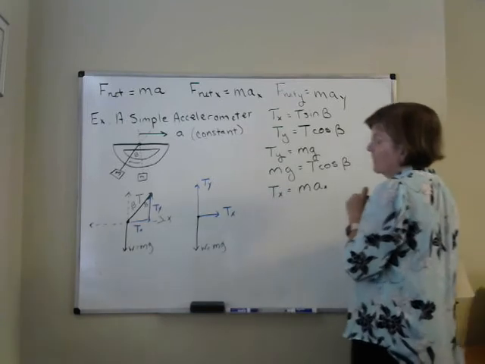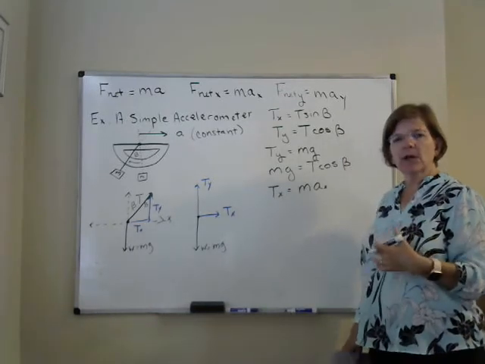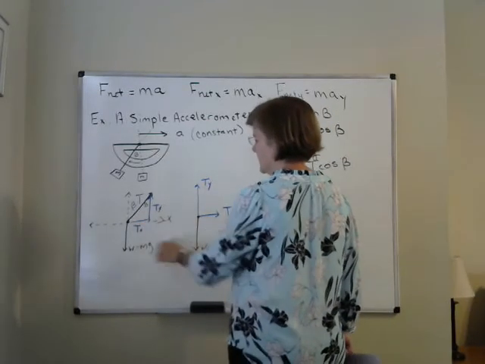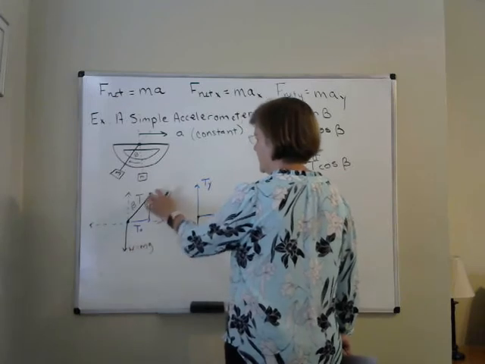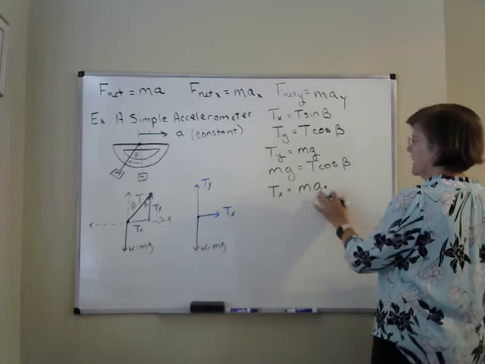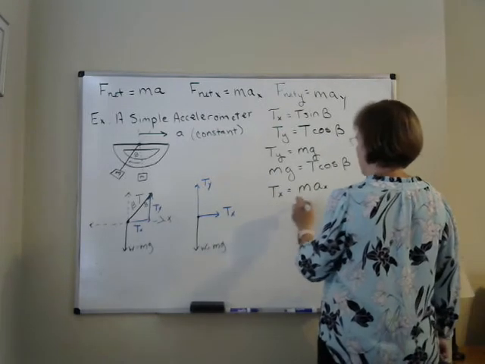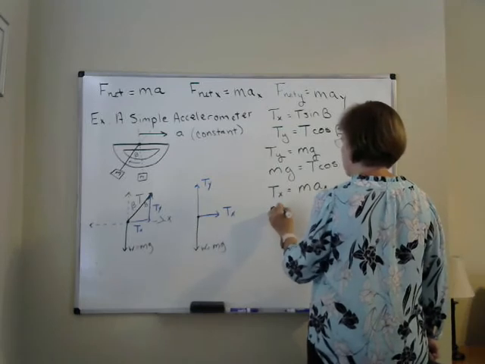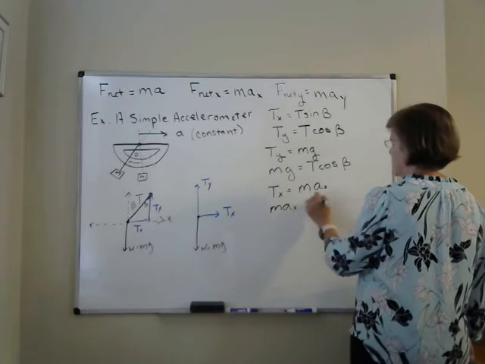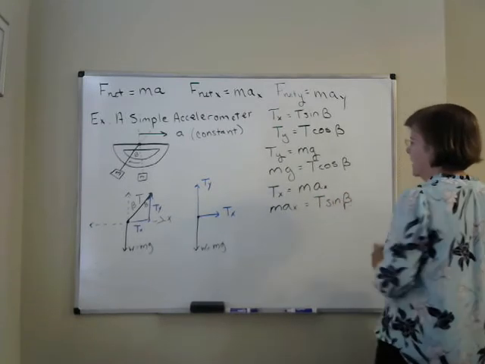Notice I only have one horizontal force. That one horizontal force is that horizontal component of this tension. Those are the only two forces, the weight pulling down and the tension. So Tx has to be mass times horizontal acceleration. So I have mass times acceleration equals T sine beta.